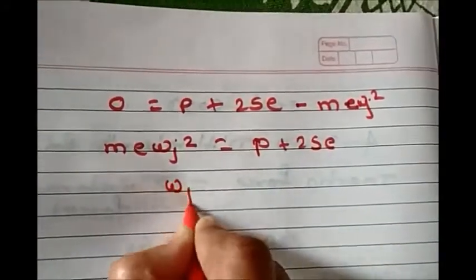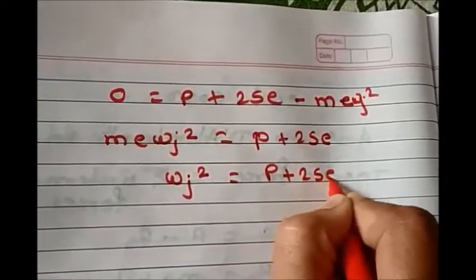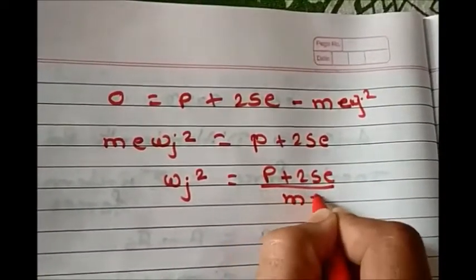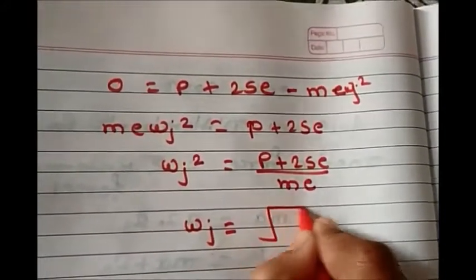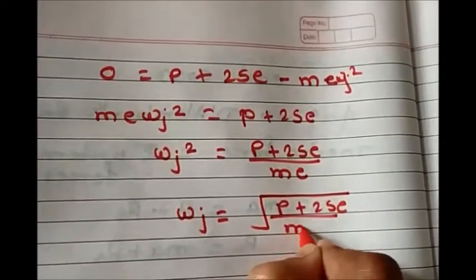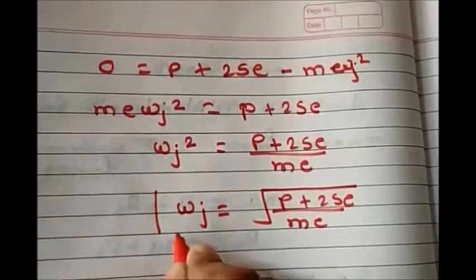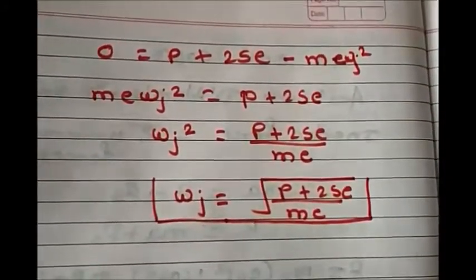So omega j square is equal to P plus 2 S e divided by m e, and omega j is equal to root of P plus 2 S e divided by m e. This is the equation for limiting speed of cam to avoid the jump.